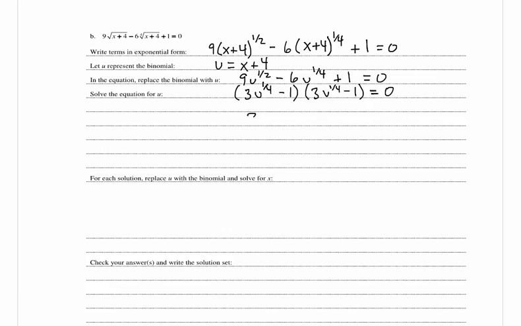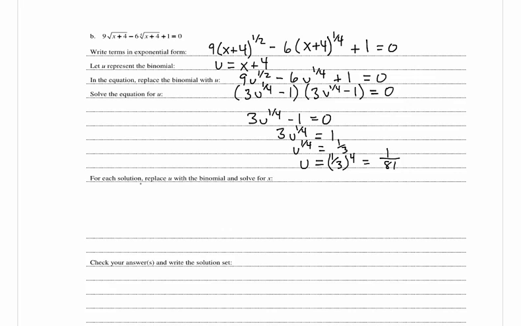So 3u^(1/4) - 1 = 0. Add 1 to both sides, so we have 3u^(1/4) = 1. Now divide by 3, so u^(1/4) = 1/3. Now we raise both sides to the 4th power, so u = (1/3)^4, which is also equal to 1/81.